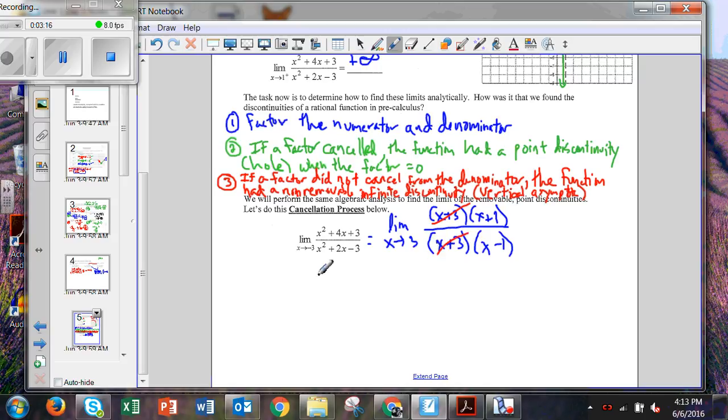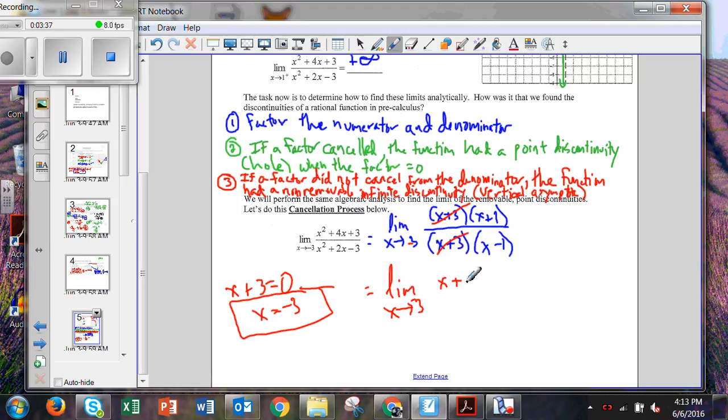And again, when I cancel, that's supposed to be as x approaches negative 3. What I canceled out was the factor x plus 3, which is when x equals negative 3. So I'm going to be able to find out what this limit is, because that's the hole that I took out, and that's where I'm evaluating this.